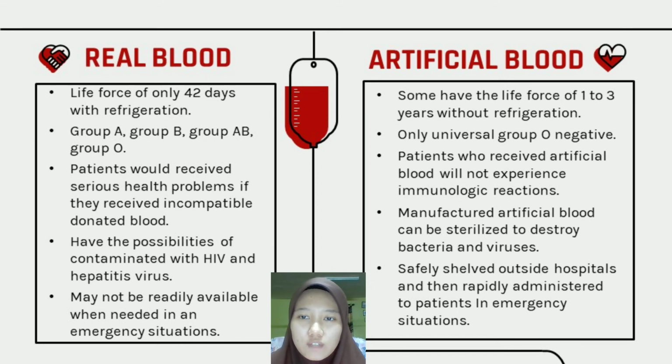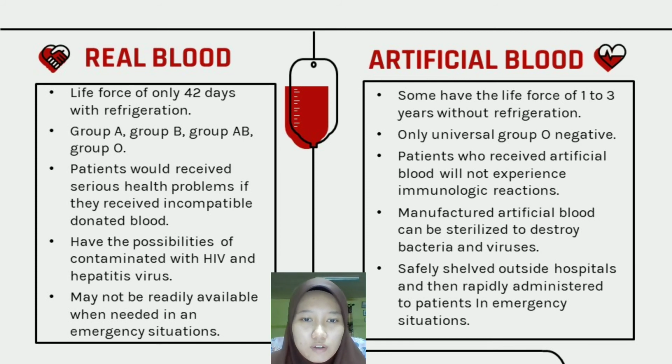This is because artificial blood is compatible with all types of blood because artificial blood only has universal group O negative. Okay, real blood has the possibility of being contaminated with HIV and hepatitis virus, while manufactured artificial blood can be sterilized to destroy bacteria and virus, so it is immune.